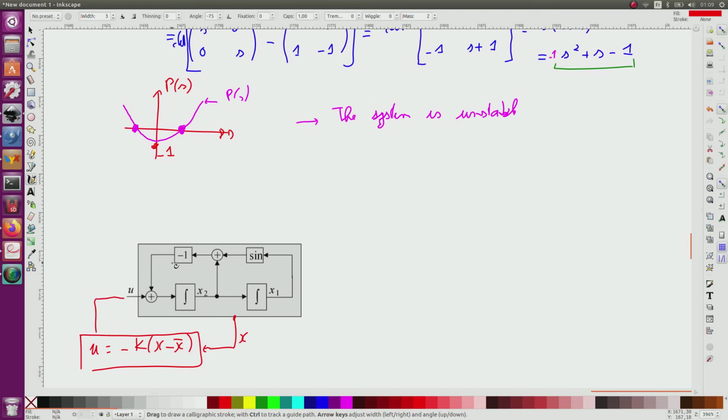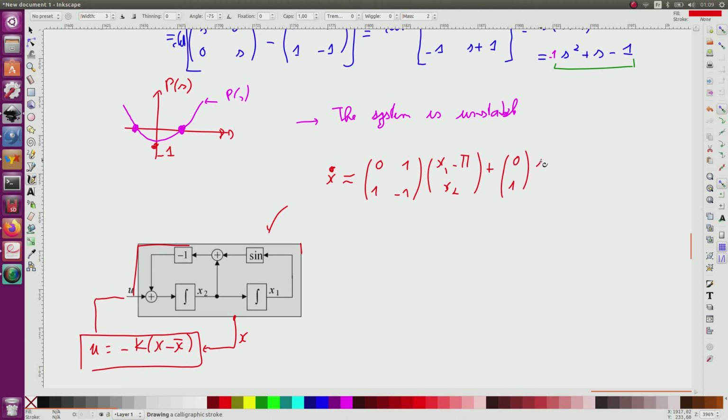Of course, I know that this system is approximately equal to x dot approximately equal to 0, 1, 1, minus 1, times x1 minus pi, x2, plus 0, 1, u. So for question number 4, I will have to find k by placing poles.